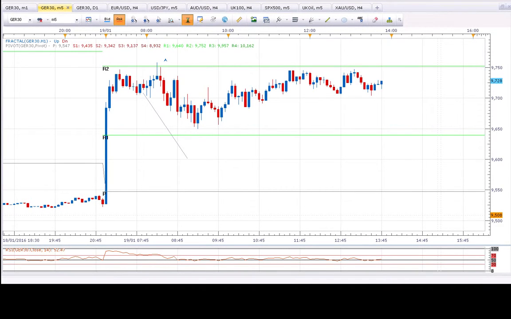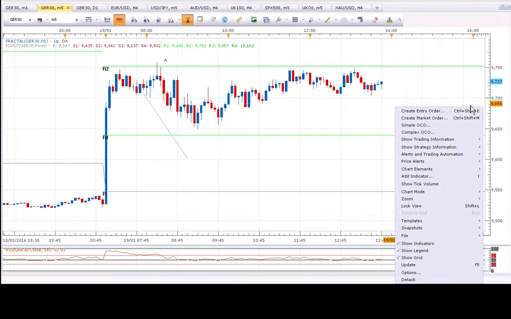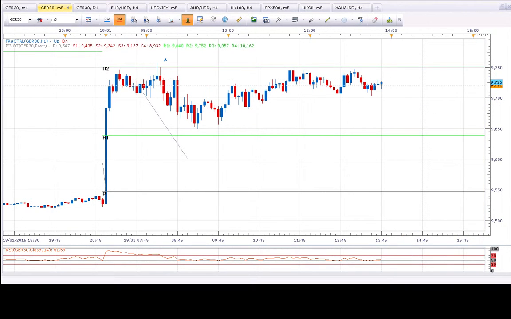A moving average is worked out simply by adding up the data of the previous candles. For example, a 5-period moving average means it will take the close, for example, of the last 5 candles, add them all together, divide by 5, and plot that number.